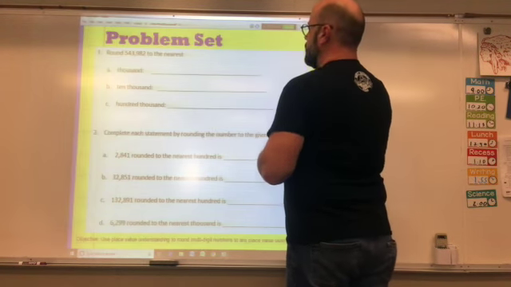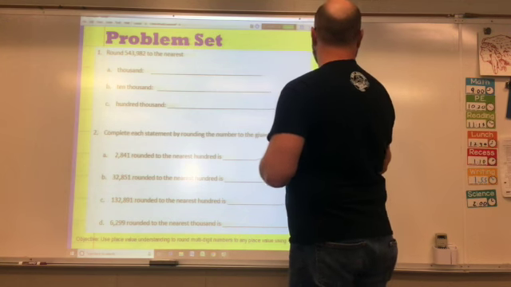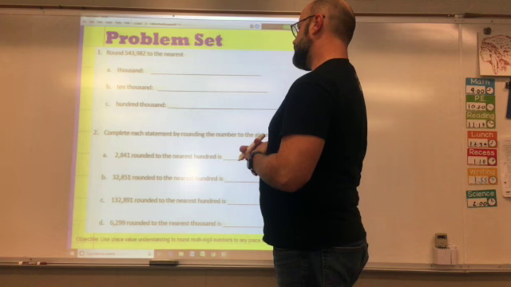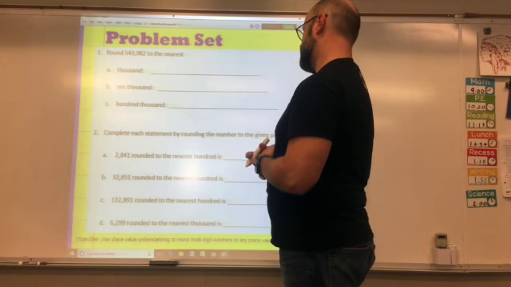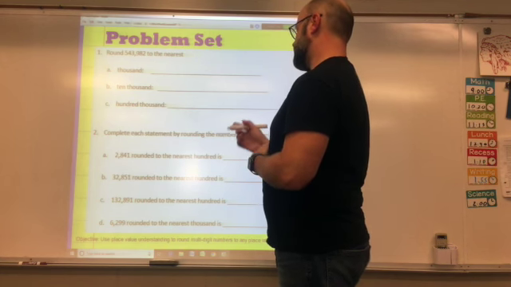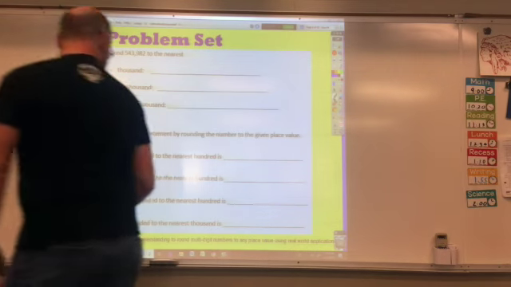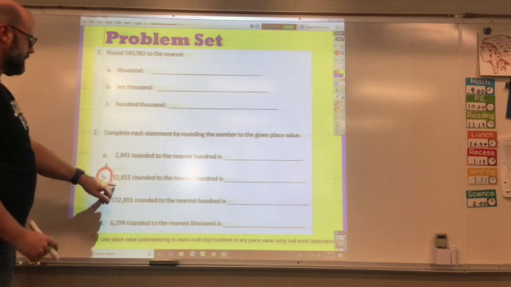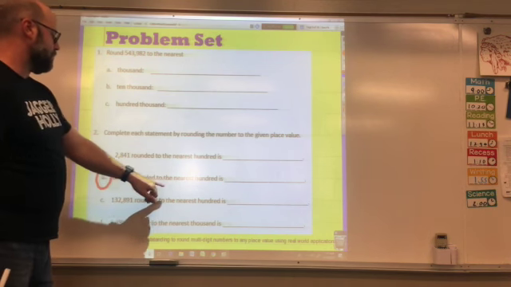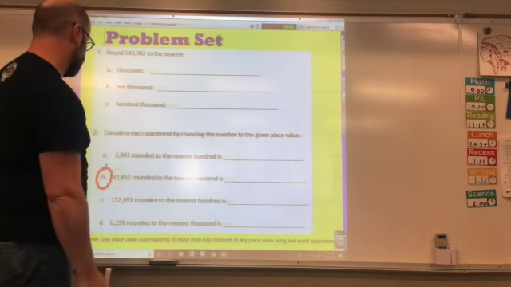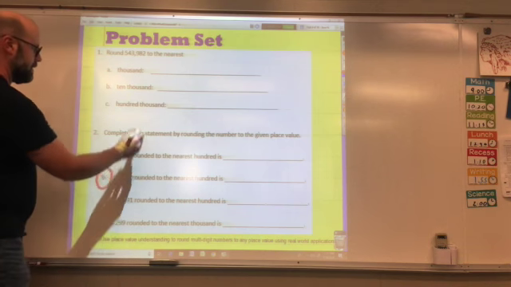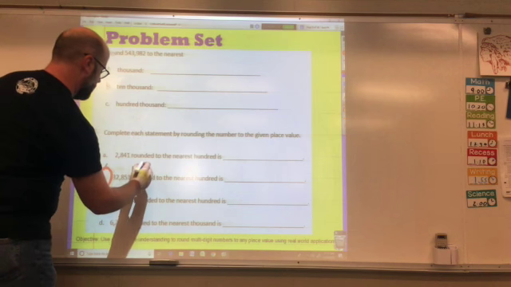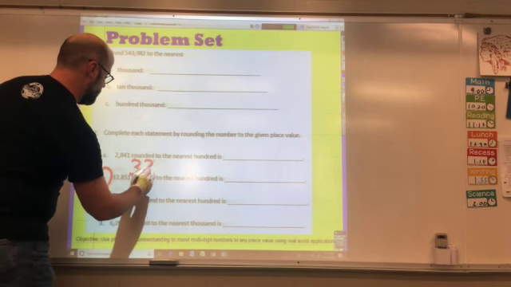Okay. So now we're going to continue doing some of this work we've done. Let's look at number 2, letter B. That says 32,851 rounded to the nearest 100 is, well, 32,851 to the nearest 100. I'm going to make this a little bigger here.